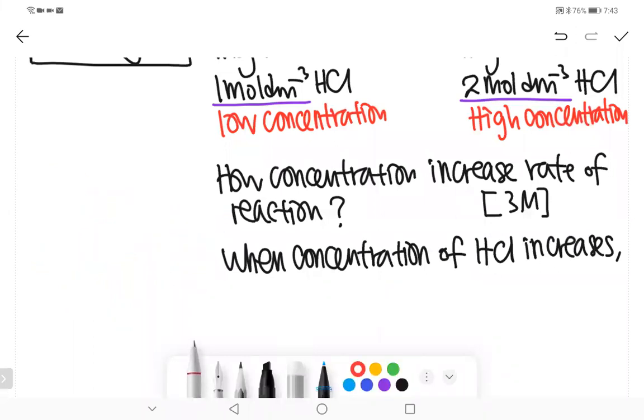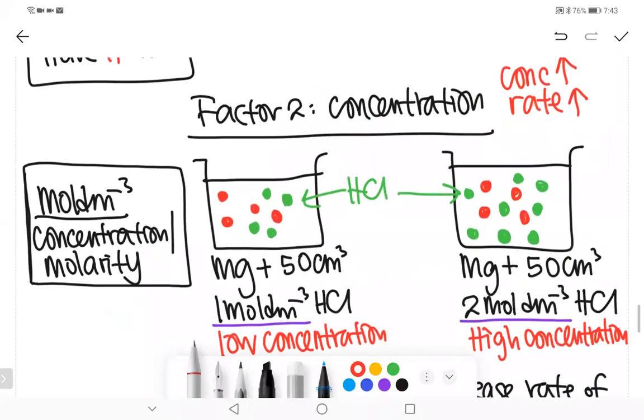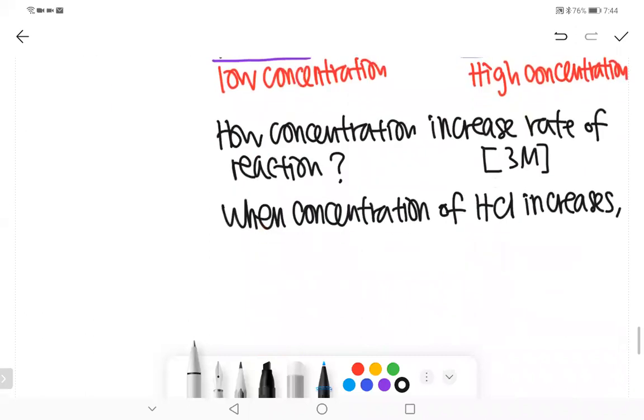When concentration of acid increases, you have many H plus ions. All the green color here is H plus ion. So when you increase the concentration, you get many green particles, which means you have many H plus ions. This is the magic word: you have more H plus ions per unit volume.